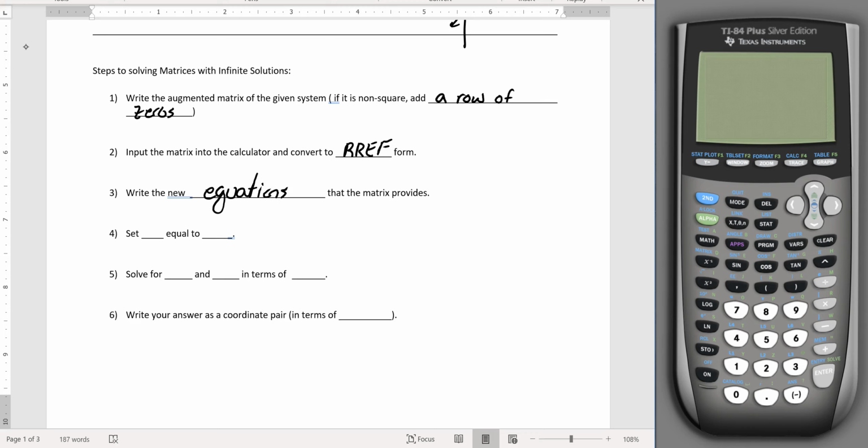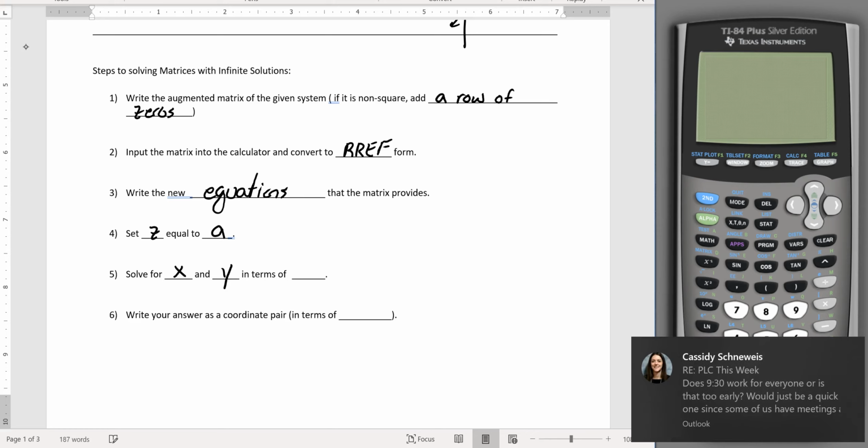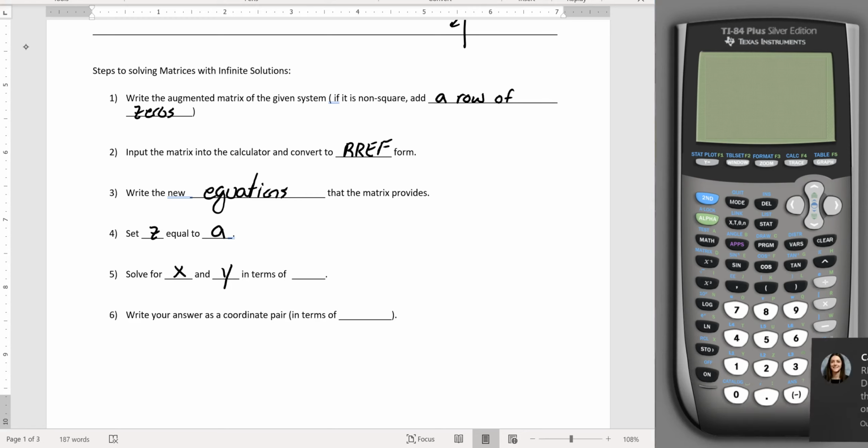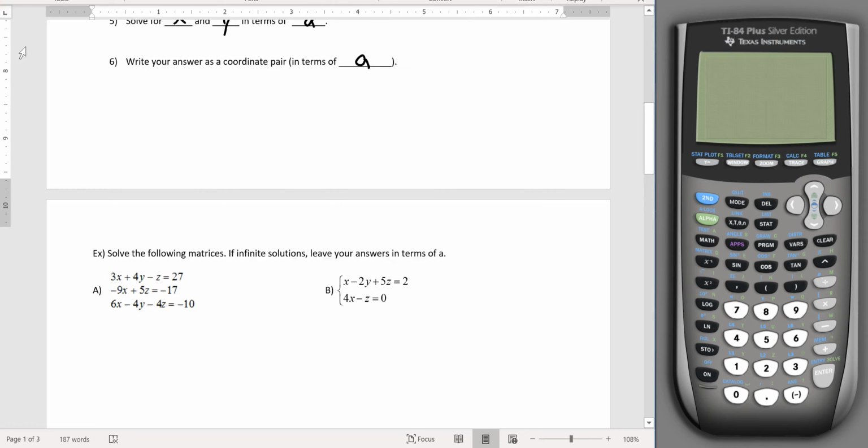Next, we're going to set z equal to a. We're going to solve for x and y in terms of a. And then we're going to write our answer as our coordinate pair in terms of a. You're probably wondering what that looks like. Don't worry, I will show you with the examples coming up.